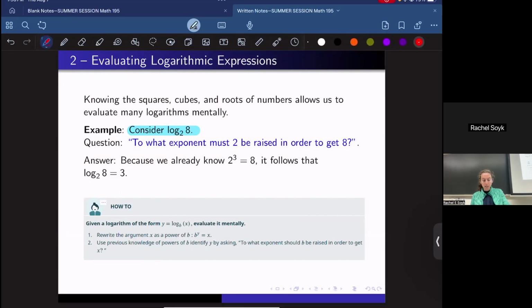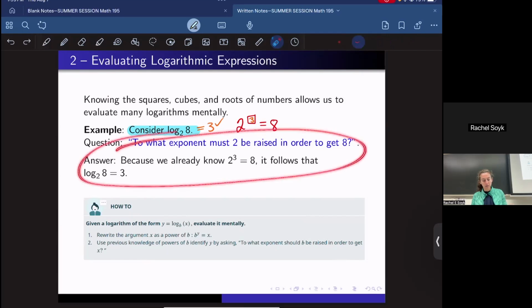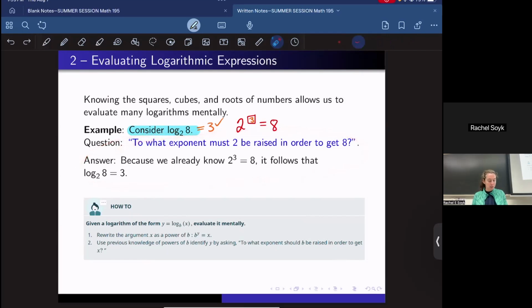What is this saying? Well, 2 to what power gives you 8? Wow, 2 to the third, which means log base 2 of 8 is 3. And that's essentially what they're saying down here: to what exponent must 2 be raised in order to get 8?